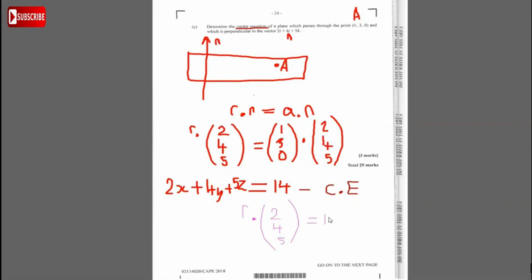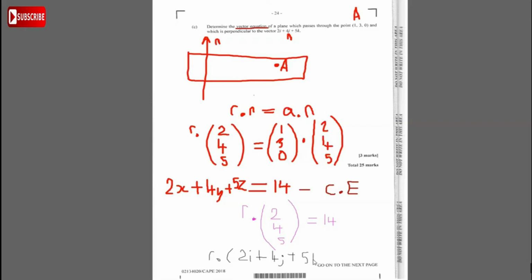That's one vector equation. Or some people like to leave it as r dot 2i plus 4j plus 5k equal 14. They are both still vector equations.